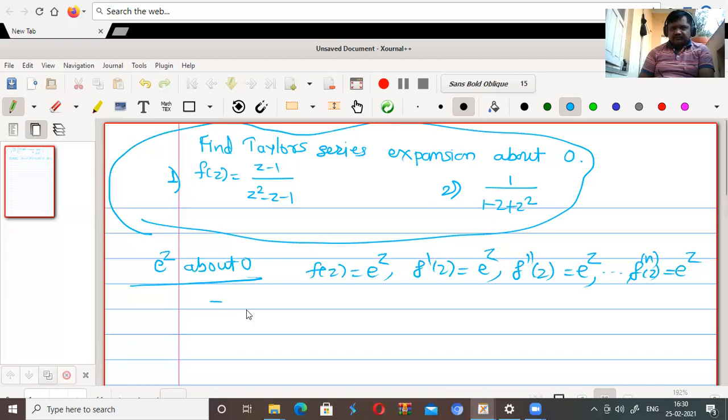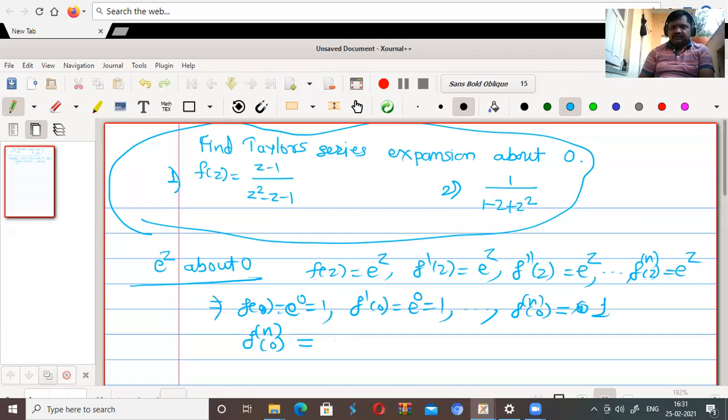This implies f of 0 equal to e to the power 0 equal to 1. f dash at 0 is again e to the power 0 equal to 1, and so on. The nth derivative of f at 0 is equal to 1 again.